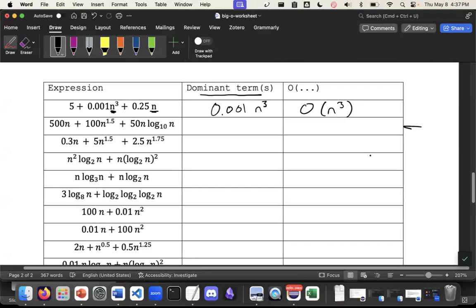Any ideas? What about the next one? O of n to the 1.75. Because 1.75 is bigger than 1.5.